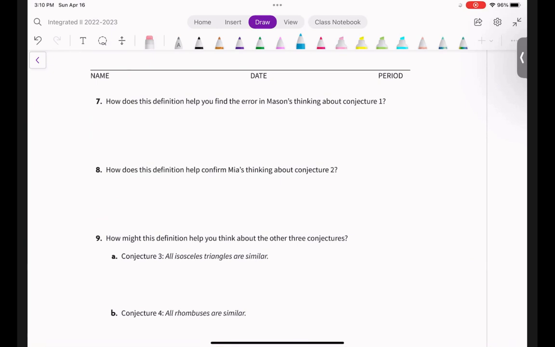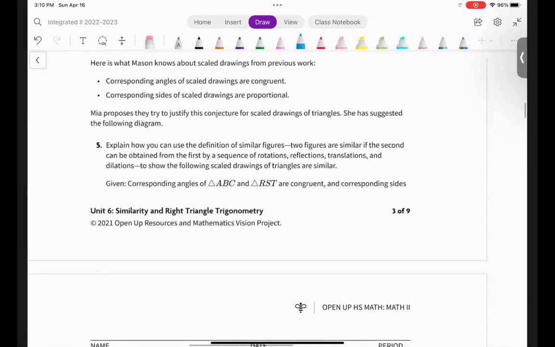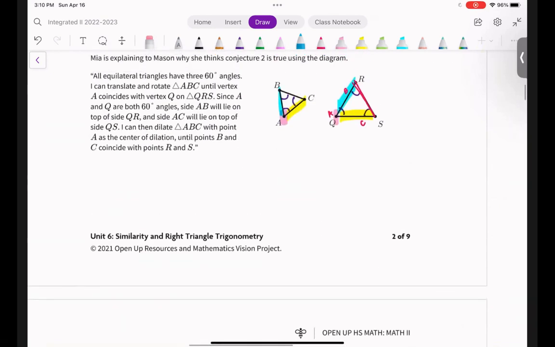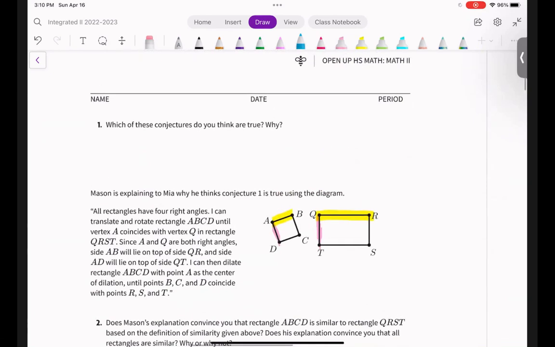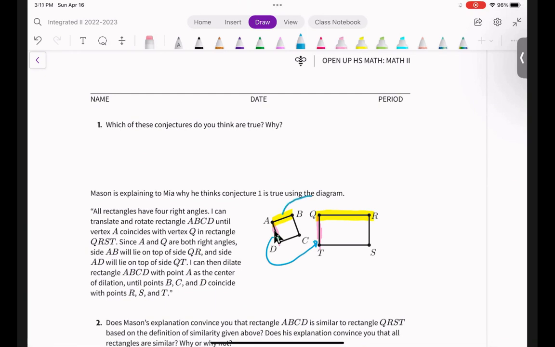So this one says, how does this definition help you find the error in Mason's thinking in conjecture 1? So let's go back to Mason's thinking in conjecture 1. So we can clearly see that to get from here to here, whatever that is, is not the same as from here to here, right?